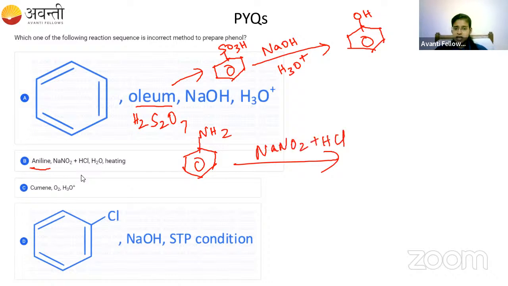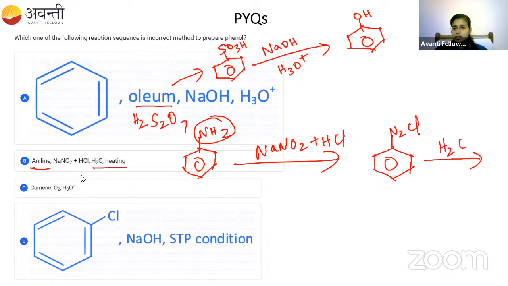This is a nitrous acid mixture and it will convert the NH2 group to the N2Cl group. Then if you treat it with water and heat it, with warm water, this N2Cl part will be converted to OH, right? So that is what we have studied. So this is also a preparation of phenol only.